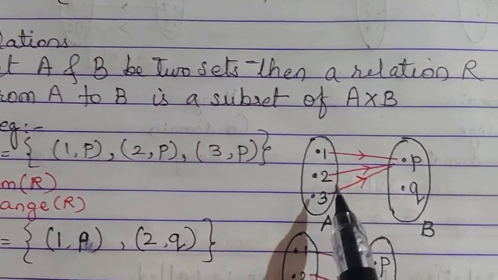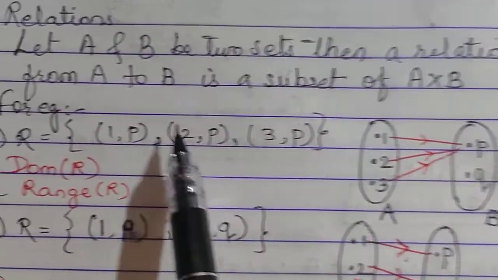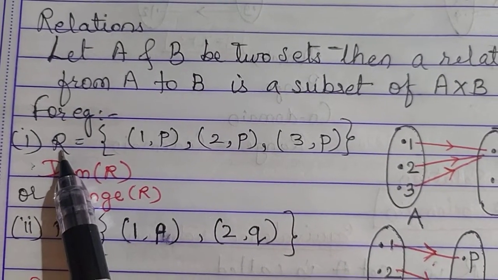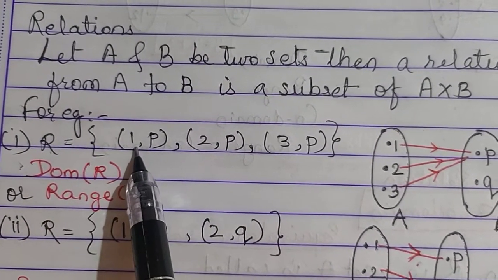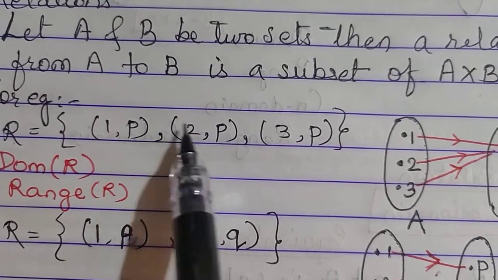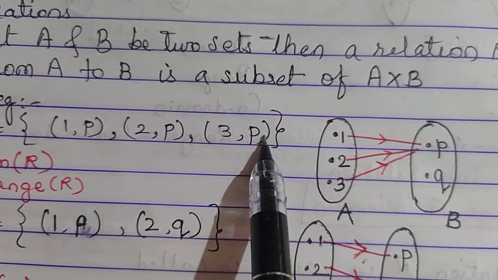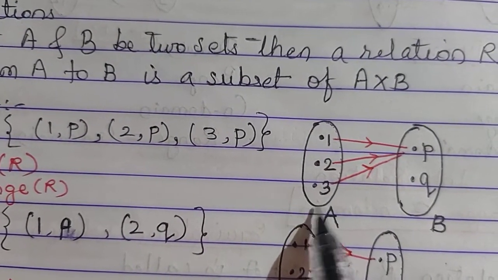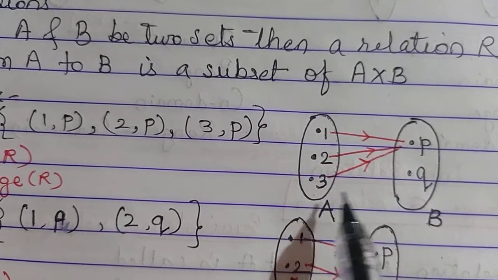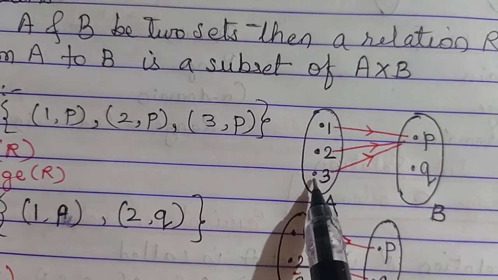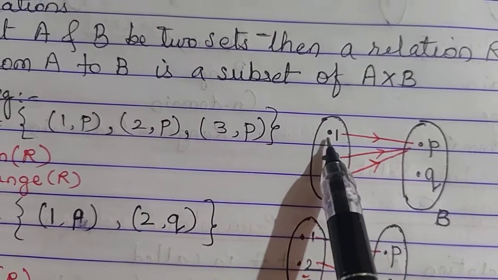We can draw the arrow diagram also like this. So this is the relation R, set R. In this set the elements are 1p, 2p and 3p. So these are the set A and set B. This is called the arrow diagram. So in this arrow diagram we can write the elements.